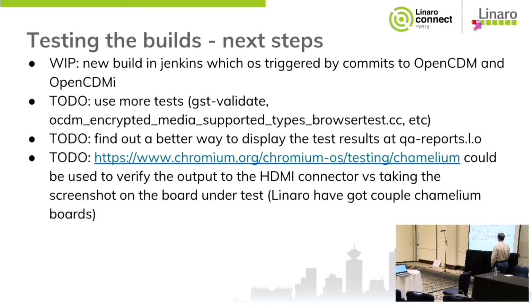This needs to be a bit reworked because it was created when we had only one branch and one version of OpenCDM. Now we have separate versions for Chromium version 53 and 65, and we will need 2 different triggers for that. We need to filter the changes which happen to the Git repositories that the trigger is looking for. But this could be done in a week or so.